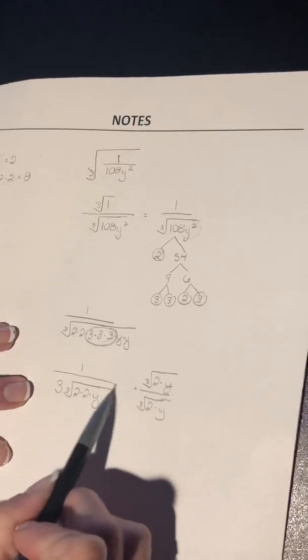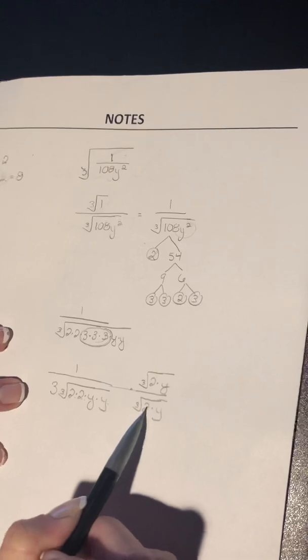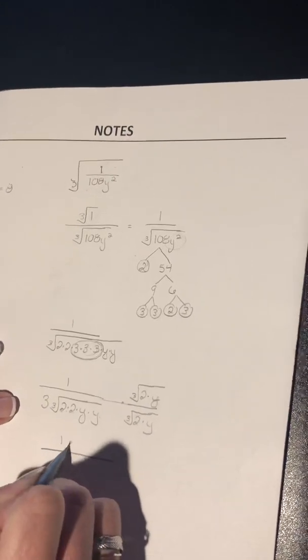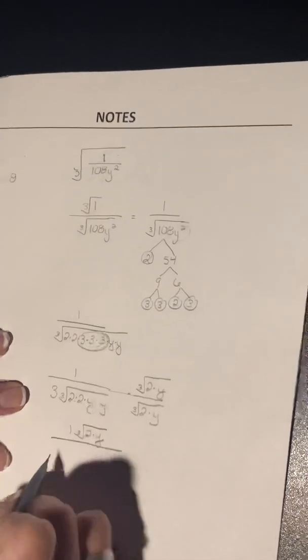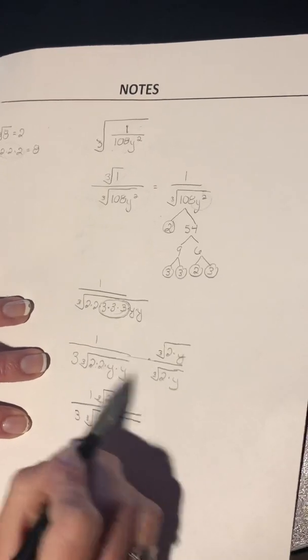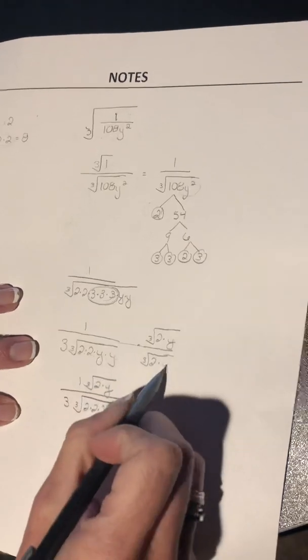So now when I look across, multiplying across, I have 2, 2, and 2. So if I put this into one fraction, I've got 3 times the cubed root of 2, 2, 2, y, y, y.